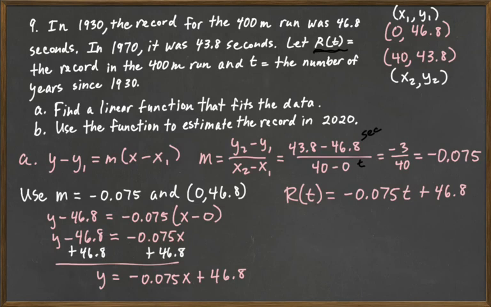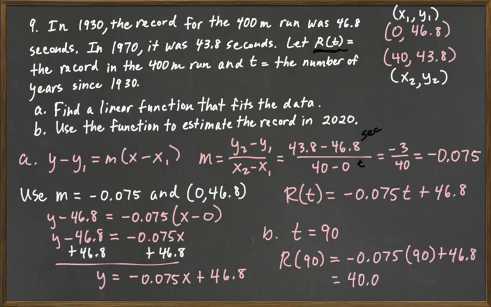All right, so we're supposed to find, or estimate, the record in 2020. So that's part B. So in this case, t is 90, since it's been 90 years since 1930 when you get to 2020. And so let's just plug 90 into the function.